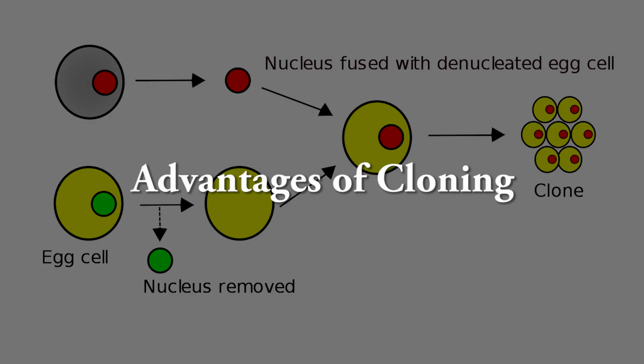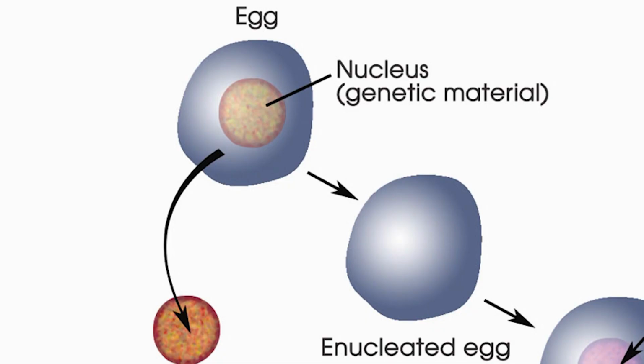Advantages of cloning. In 2007, primate embryonic cells were created by somatic cell transfer in the rhesus monkey. Researchers took a cell from an adult monkey and fused it with an enucleated egg cell. Enucleated means the nucleus is removed from the egg cell.